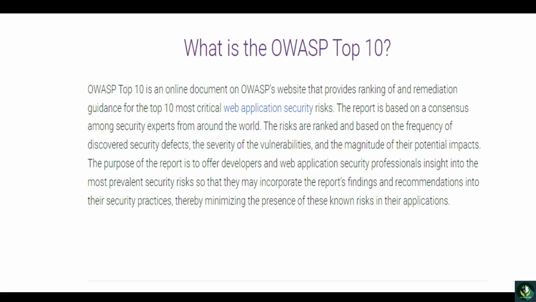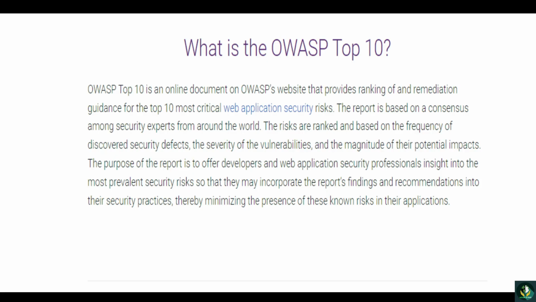The report is based on a consensus among security experts from around the world. The risks are ranked based on the frequency of discovered security defects, the severity of the vulnerabilities, and the magnitude of their potential impacts.